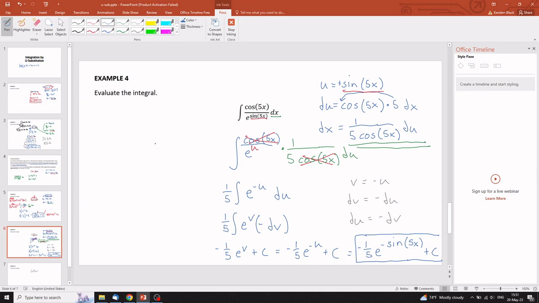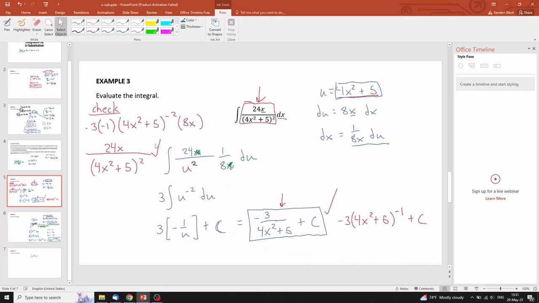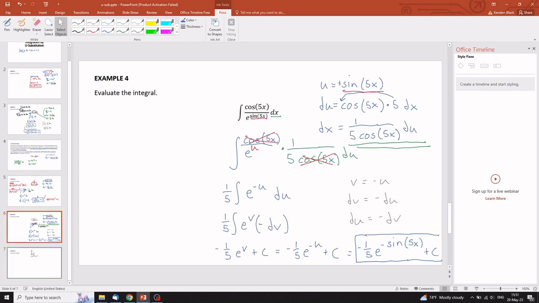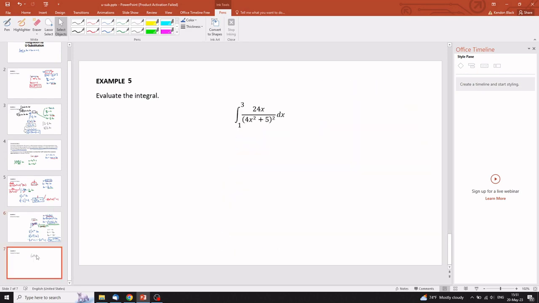Okay, so that's about as complicated as I want to get in this video, except that so far all the problems have been indefinite integrals. So I just want to do one example using a definite integral, which is actually a lot easier than you might think. One reason is the first few steps are exactly the same.